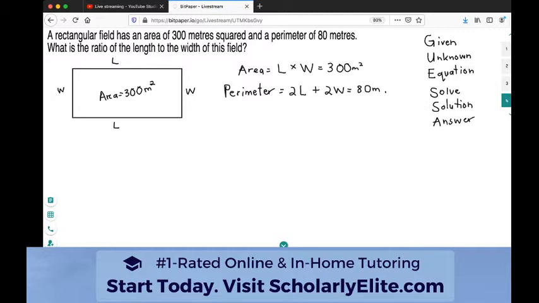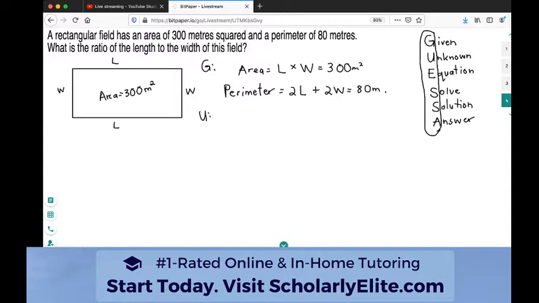Oh, I should be putting an E there. If you follow these steps that we call GESA, trust me, all of the rest of math will be so much easier for you. So first we're saying what's been given. Here we know that this has been given already. This is our G.